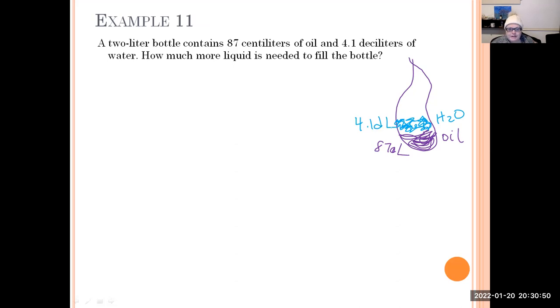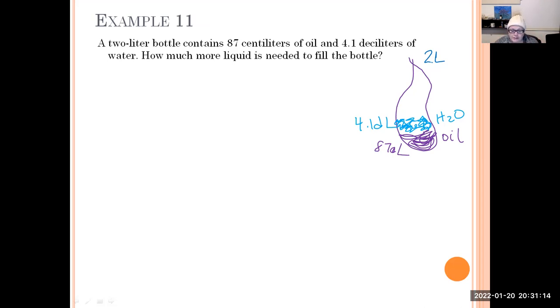But we know the entire bottle is 2 liters. So I'm going to go to a different color and stay with that. So this whole bottle here is 2 liters. All right, so we need to find out, because we can't subtract or add or anything, what are we going to do here? We're going to have to do some conversions.